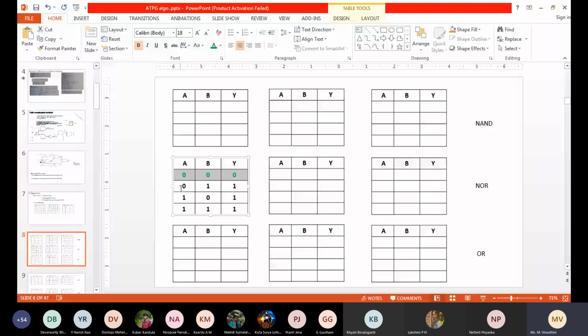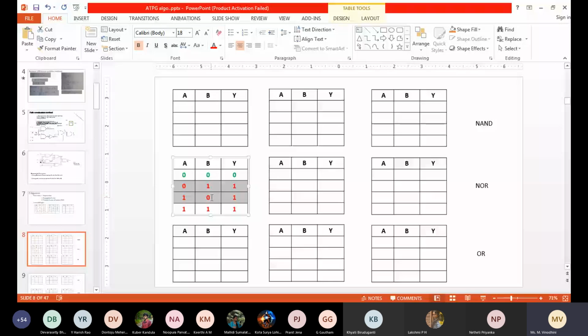The group with only one combination, let us not consider now. The group with many combinations, I need to consider first. So here I need to consider first and second. When I consider first and second, how many variables are differing? 2. Can I consider that in the singular cover?